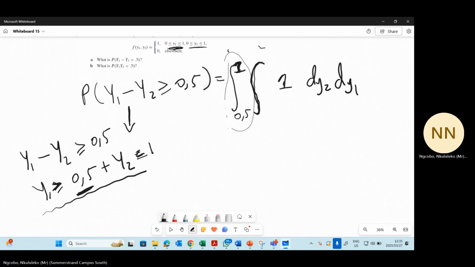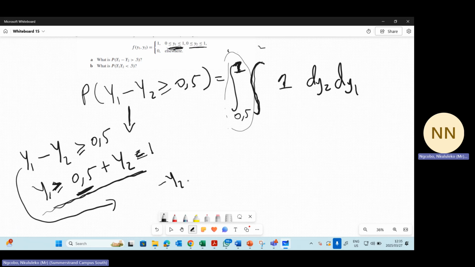So then, what is y2? Let's make y2 the subject of the formula. Minus y2 is greater than or equal to 0.5 minus y1.